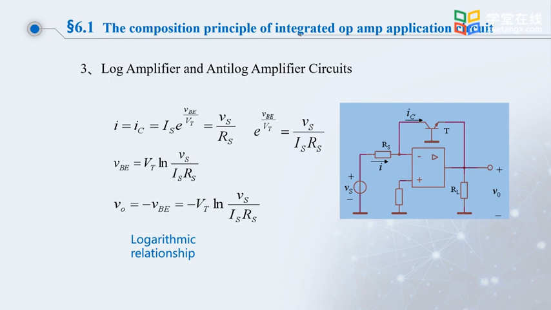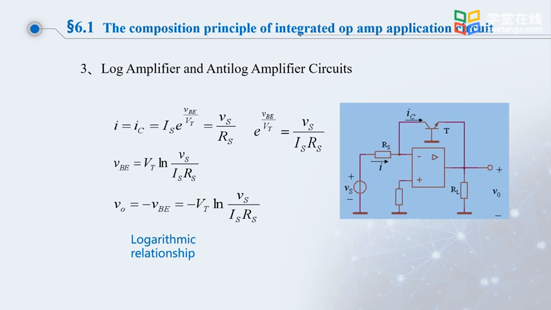Let's take a look. The current flowing through RS is defined as I. Then I and IC are approximately equal. We have seen many times during the analysis that the inverting input of the integrated op-amp can be approximated as a virtual break. Therefore, I and IC are approximately equal. So what are I and IC?